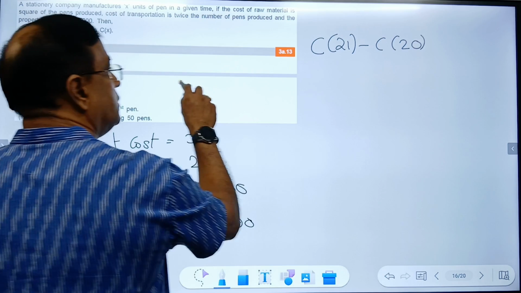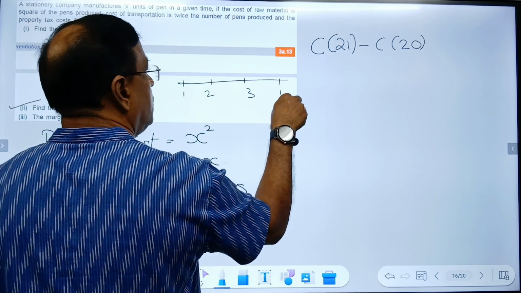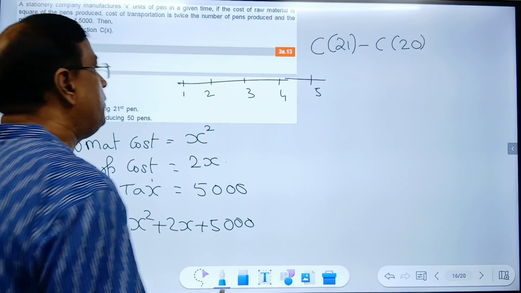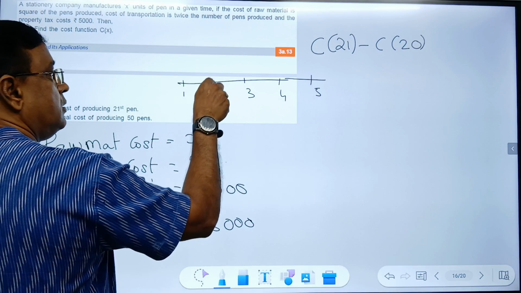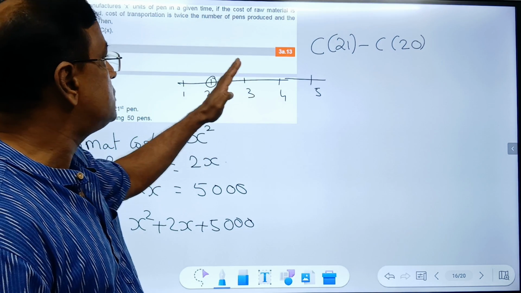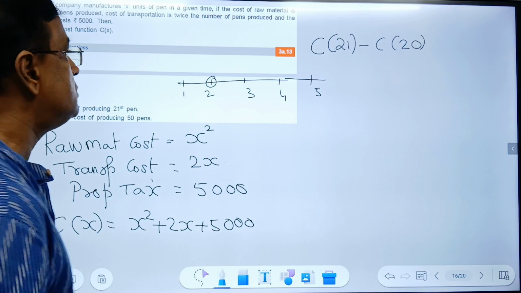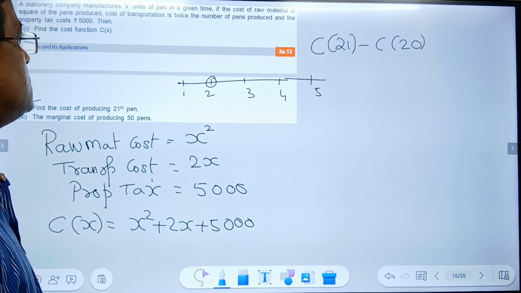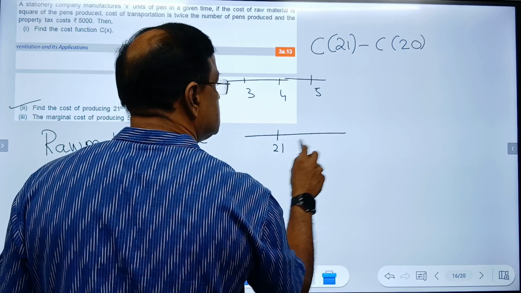Suppose you have 1, 2, 3, 4, 5 like that. If I want to find the cost of the second pen, I will find the cost of two pens minus the cost of one pen. Here he wants to find the cost of the 21st pen.